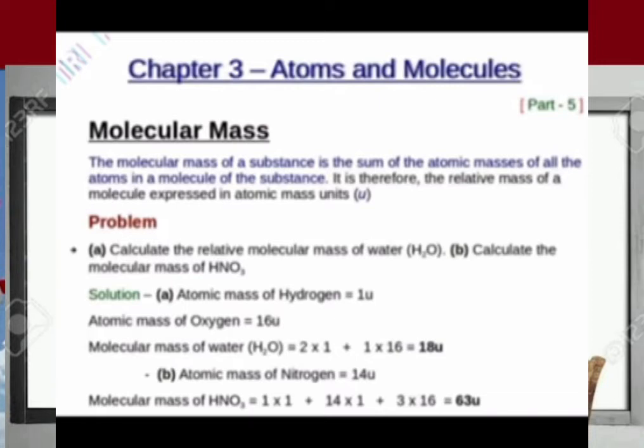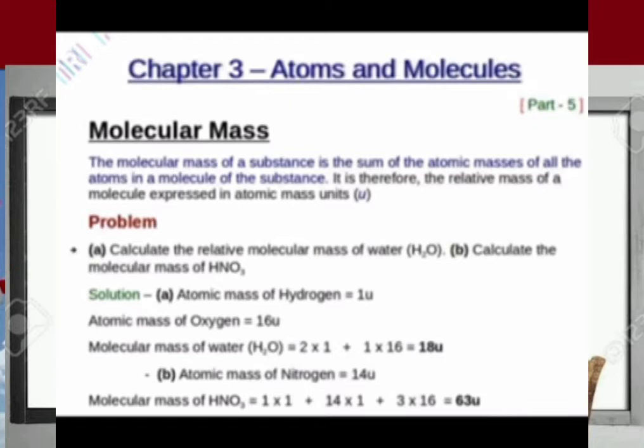The atomic mass of hydrogen is 1U and the atomic mass of oxygen is 16U. In H2O, there are 2 hydrogen and 1 oxygen. So 2 into 1 plus 1 into 16. So the molecular mass of water is 18U.